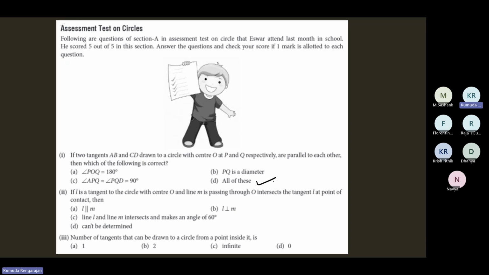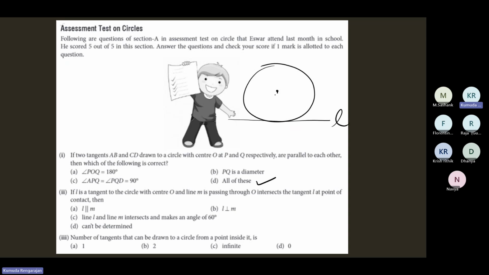Now, if L is a tangent to the circle with center O, and line M is passing through O and intersects the tangent L at the point of contact.